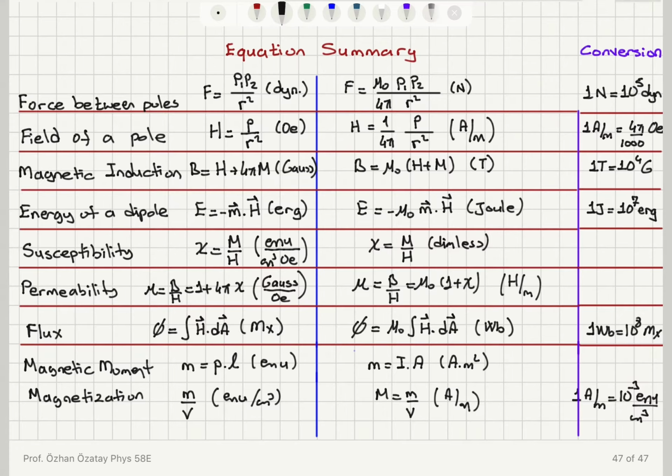So one is from the picture of poles, the other one is from the point of view of circulating currents. So in CGS units we're looking at the poles point of view, and in SI we're looking at the point of view of circulating currents.